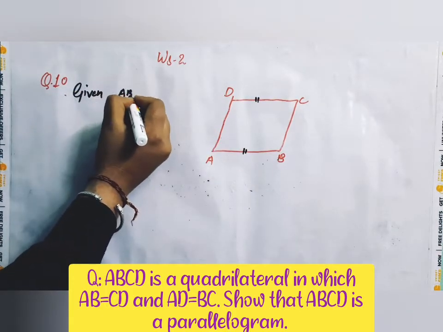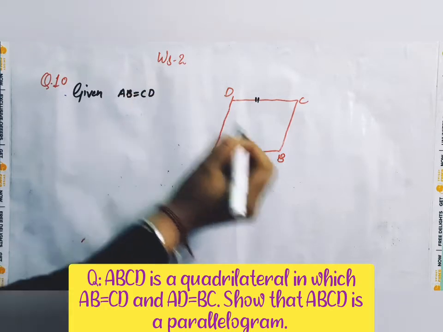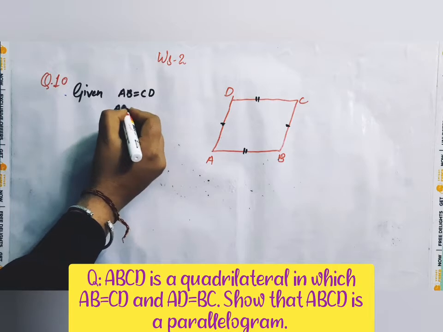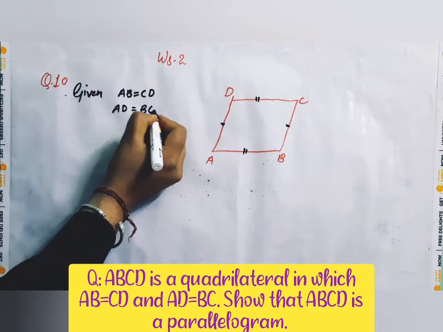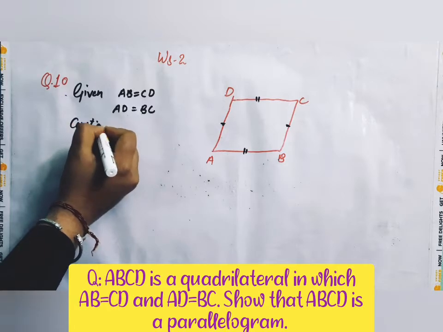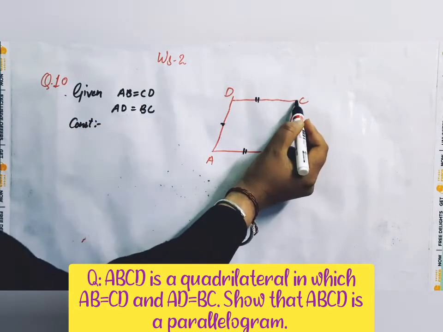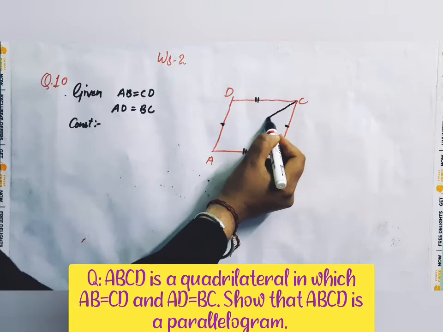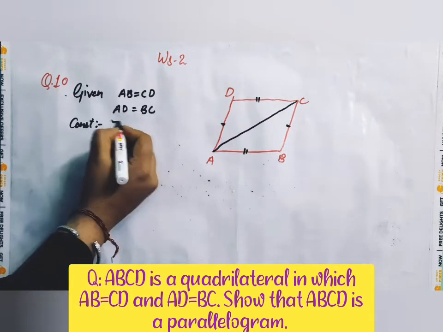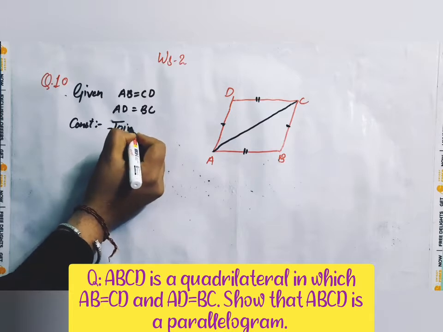AB equals CD and AD equals BC. What we have to construct? The hint is given that join diagonal AC. Join diagonal AC.